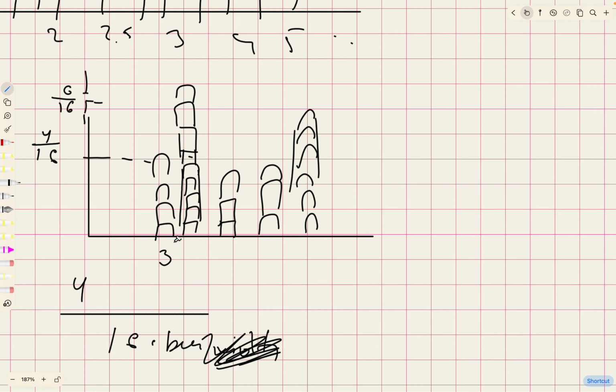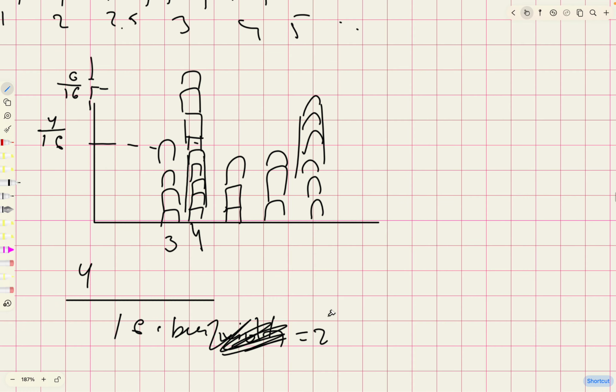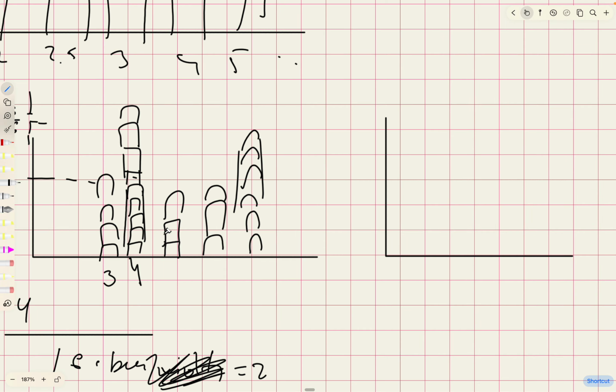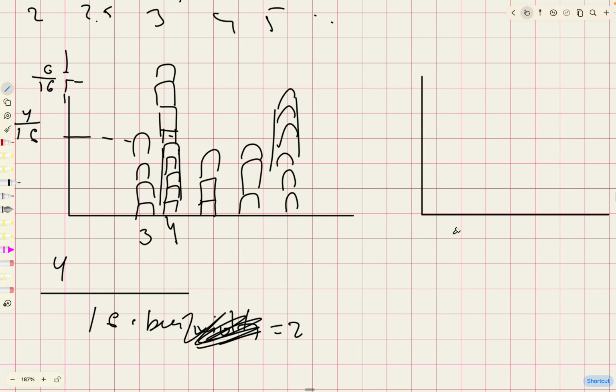Before it was like this, 3 and 4. And if our bin width is 2, then what we do exactly here is that we take 3 and 4, both of them, and in the density histogram, we want to calculate their density estimate. So counting the points, we get 12 for 3 and 4.